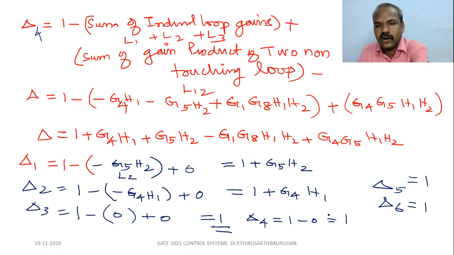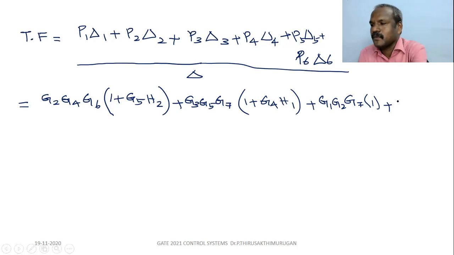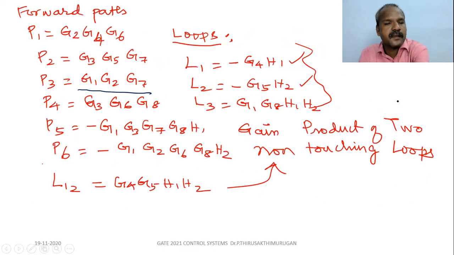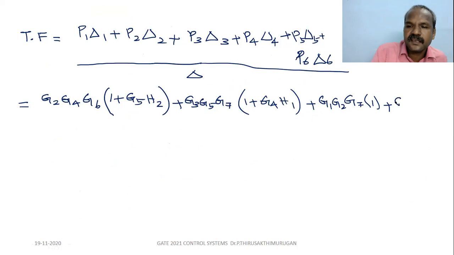Del 3, del 4 all are 1. So into 1 plus, what is P4? P4 is G3, G6, G8. So G3, G6, G8 into 1.